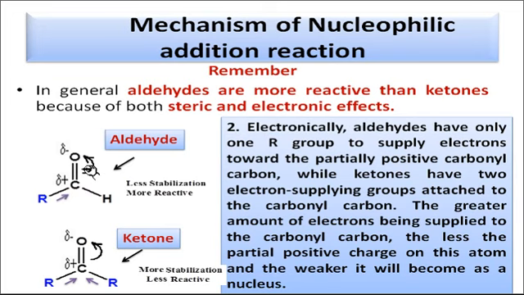Now we know that the carbonyl carbon has a partial positive charge, while oxygen has a partial negative charge. In aldehyde, one R group is attached, which compensates the electron deficiency of the carbonyl carbon atom. While in the case of ketone, there are two R groups which can supply electrons to the electron deficient carbon atom.